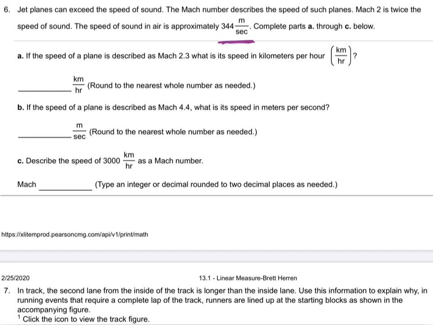So then if a plane is traveling Mach 2, it's traveling twice that fast. If a plane is traveling Mach 2.3, it's traveling 2.3 times that speed. So they want me to take Mach 2.3 and change it to kilometers per hour. Let's see if we can get through part A. So let's do part A here on number 6.